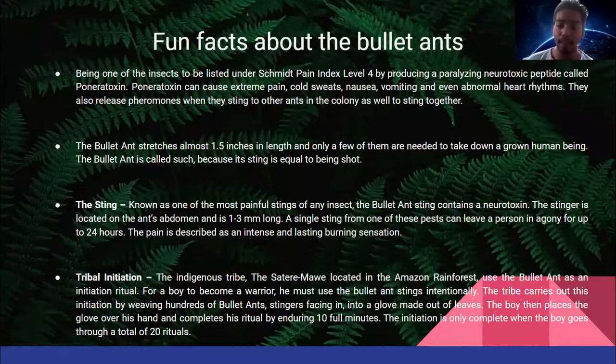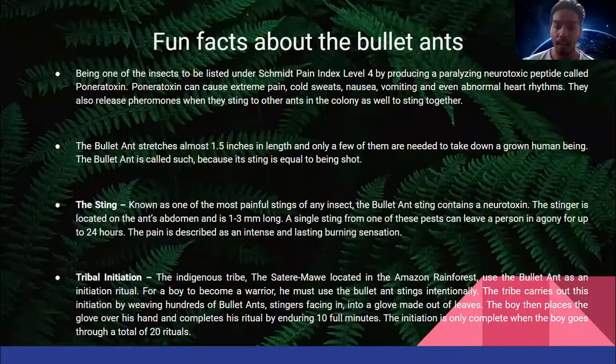The pain lasts around 12 to 24 hours, hence the name 24-hour ants. They can cause many effects such as extreme pain, cold sweats, nausea, vomiting, and even abnormal heart rhythms. Also, when one bullet ant stings, it causes other bullet ants in the vicinity to sting together.